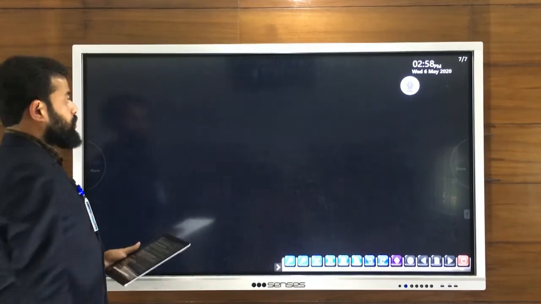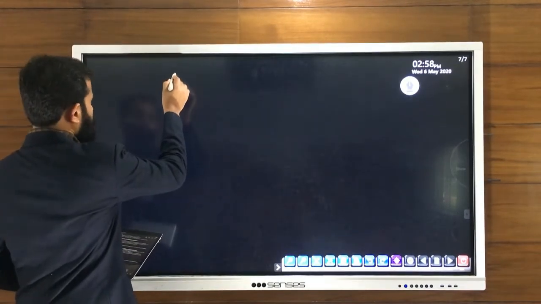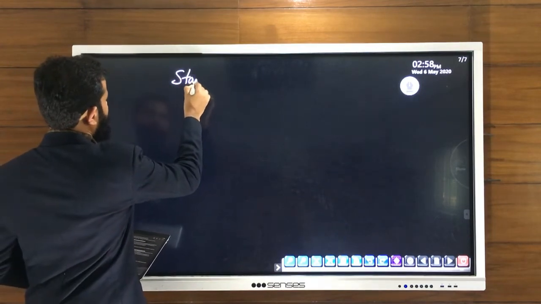Next topic, standard form or lowest form of a rational number.